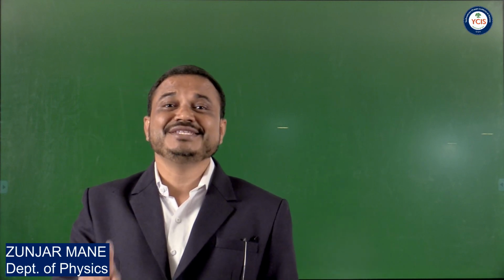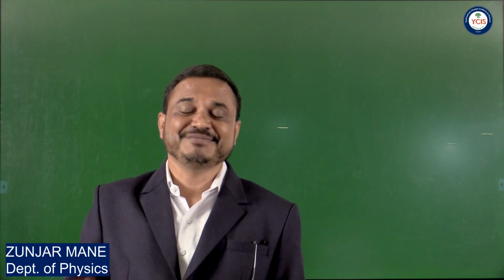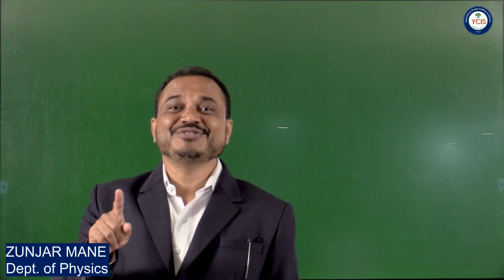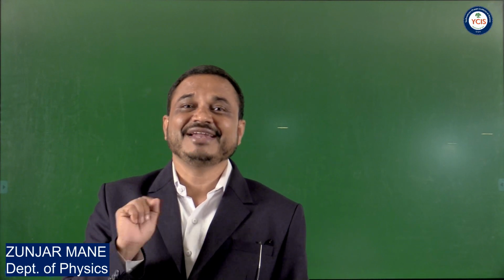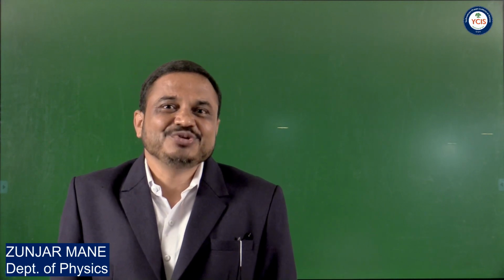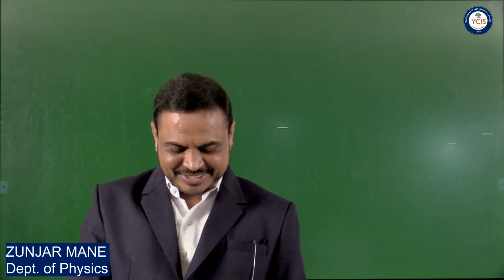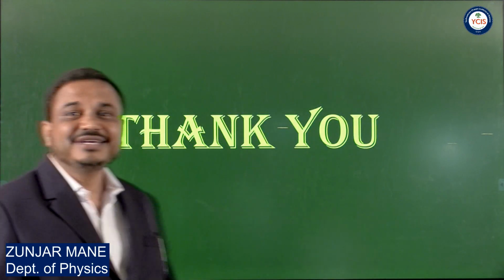In series resonance, the impedance is minimum. In parallel resonance, the impedance is maximum. And the series resonance circuit is called an acceptor circuit and the parallel resonance circuit is called a rejector circuit. So this is about series resonance and parallel resonance. So we stop here.